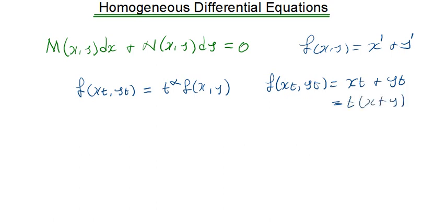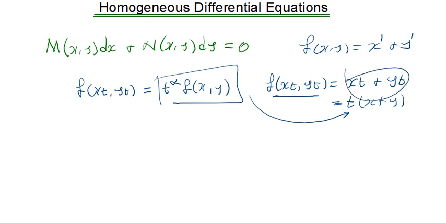So this is t to the alpha, but in this case your alpha is 1. It's the same as what you have here, so hence it is homogeneous. You can use this method, or you can just observe that the degrees are the same, meaning it is homogeneous.